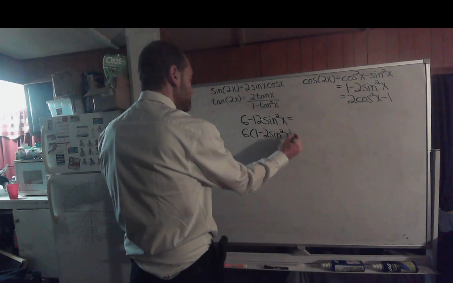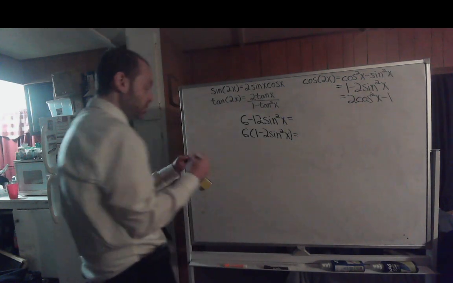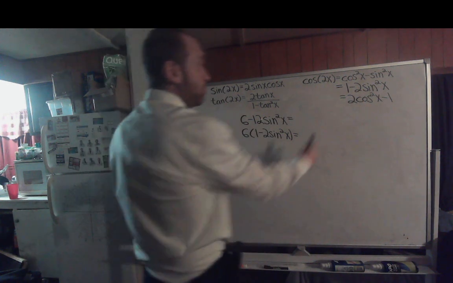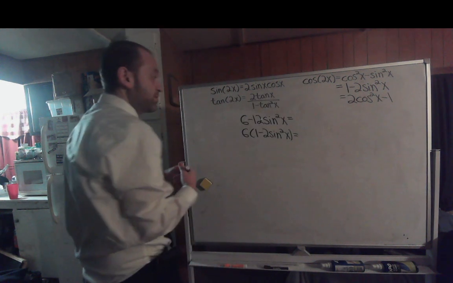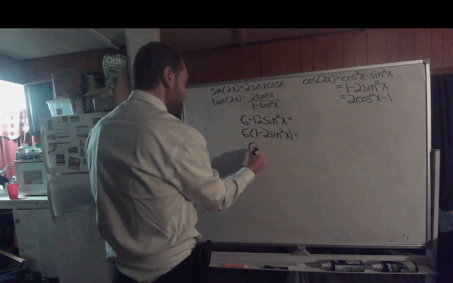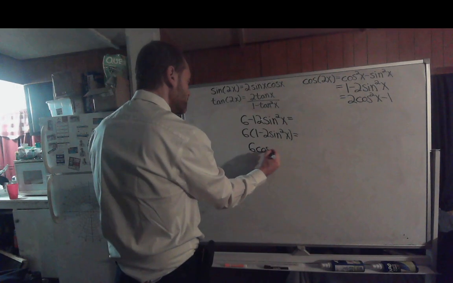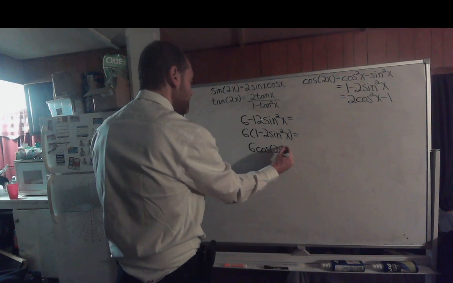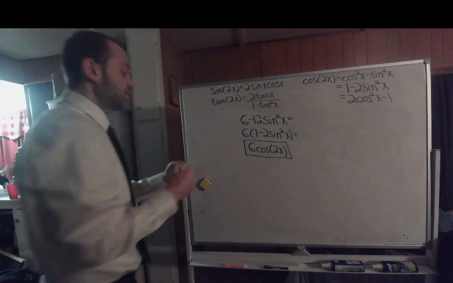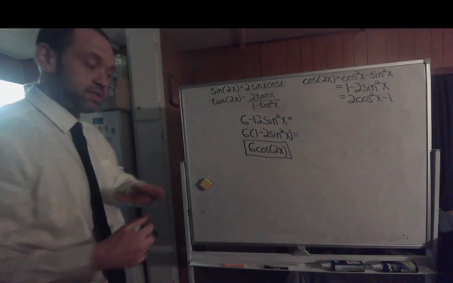And now you're about to see why we just did all that work with the cosine of 2x. Because that 1 minus 2 sine squared of x turns into the cosine of 2x. So this can be rewritten as 6 times the cosine of 2x. So that worked out rather nicely.